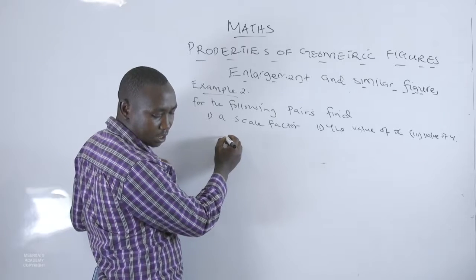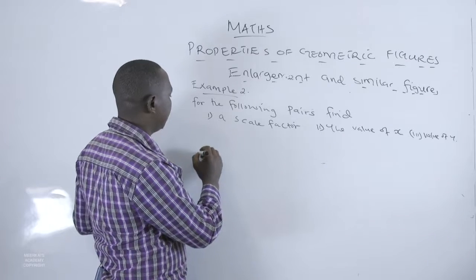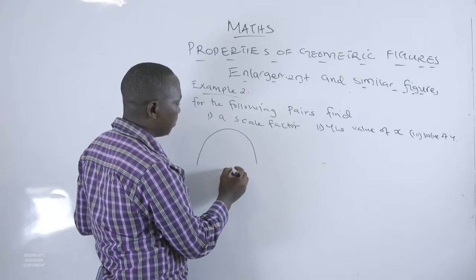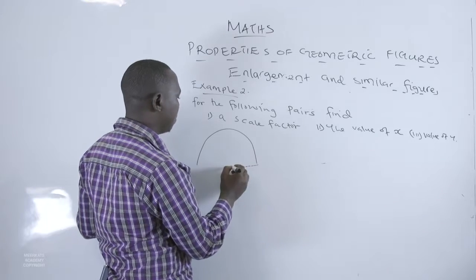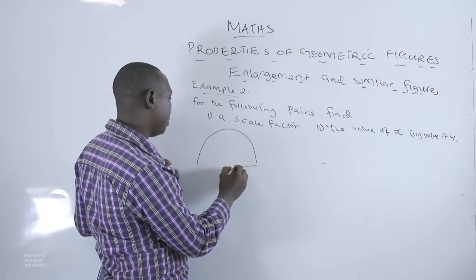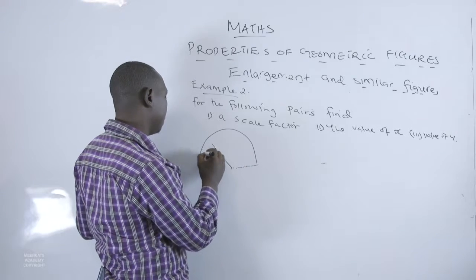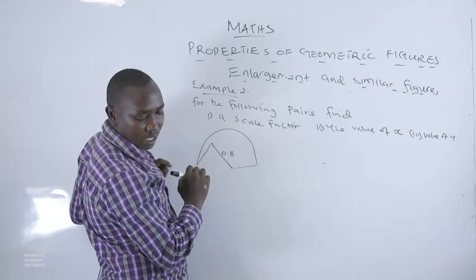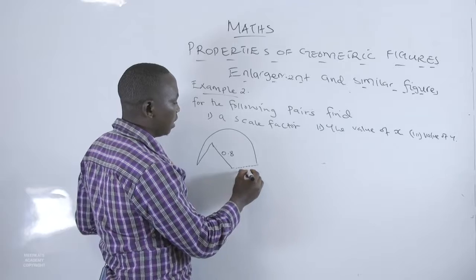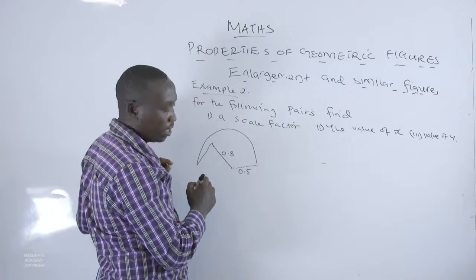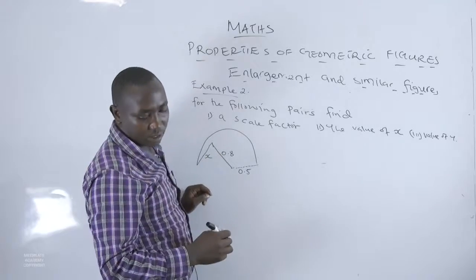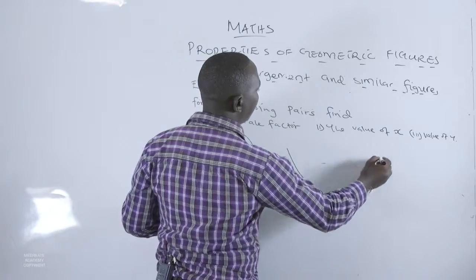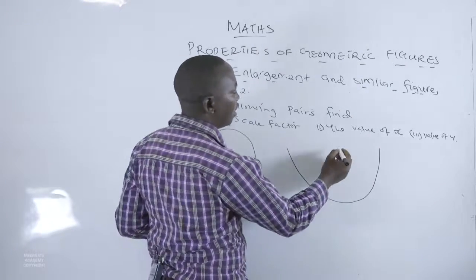So the shapes: that is 0.8 units. The radius is 0.5 units. This side is x. Then we have a much bigger figure.